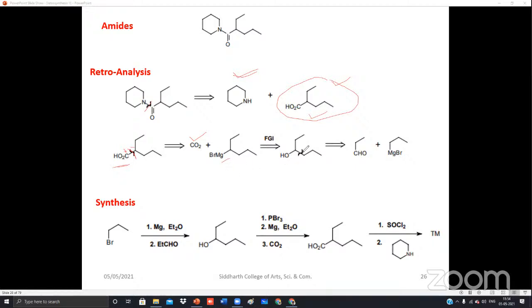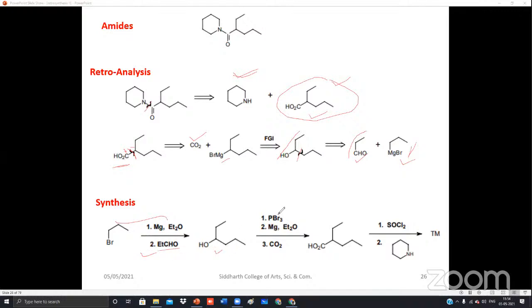And the alcohol, you know now how to synthesize. Disconnect over here, you will have this part as an aldehyde, and this part will be the Grignard reagent. Then this one will be synthesized in two carbons and react with the propanol.